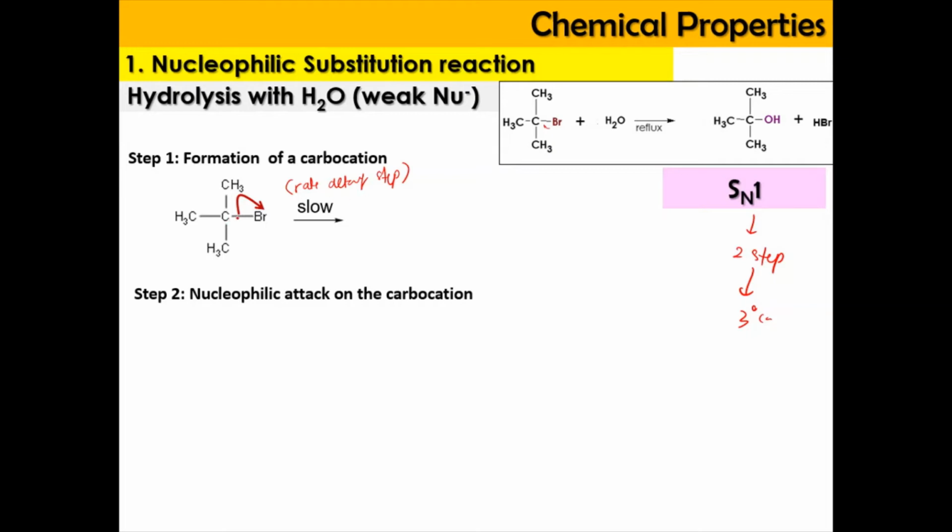Okay, and the breaking of the bond between carbon and the halogen group is going to transfer 2 electrons to the bromine, and this leaves a partially positive charge on the carbon, and the bromine is going to carry a partially negative charge. Usually the bromine here has lone pairs, but now because 2 electrons are being transferred here, it's going to have 8 electrons in total.